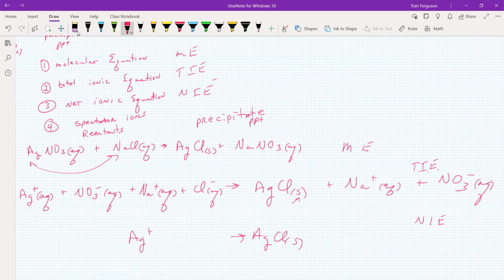Well, we added silver to get silver chloride, and we added chloride to get silver chloride. So that's the net ionic equation. It's much simpler. If nothing happens, in other words, we dump the two solutions together and everything's still clear and colorless, then we have no net ionic equation.